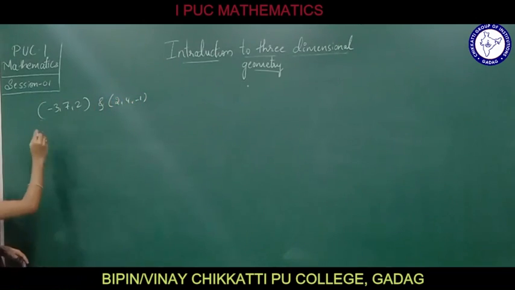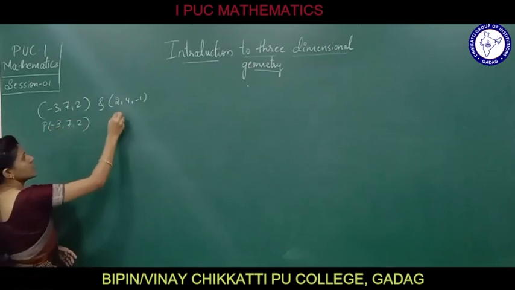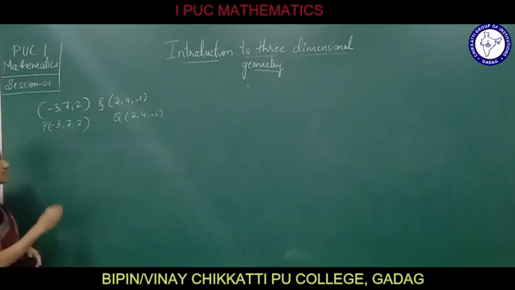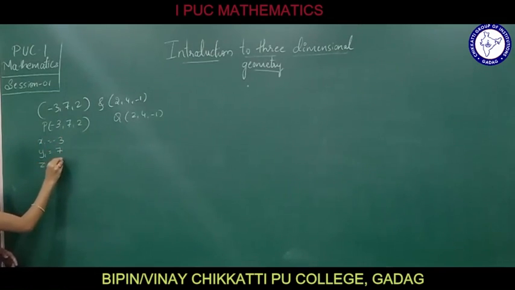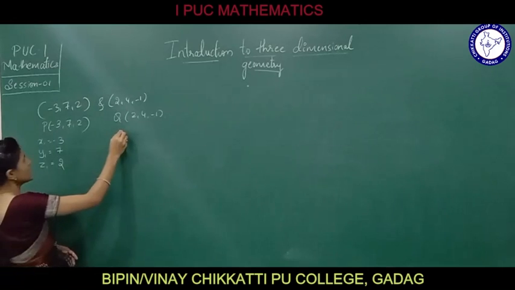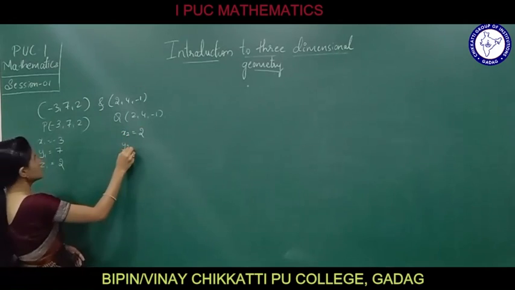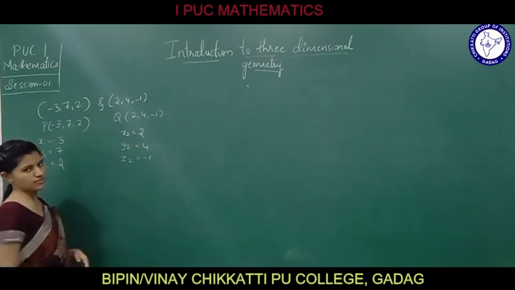Let us name it like P of minus 3, 7, 2, and Q of 2, 4 and minus 1. See what we have: x1 is equal to minus 3, y1 is 7 and z1 is equal to 2. The same here, I have x2 equal to 2, y2 is 4 and z2 is equal to minus 1.